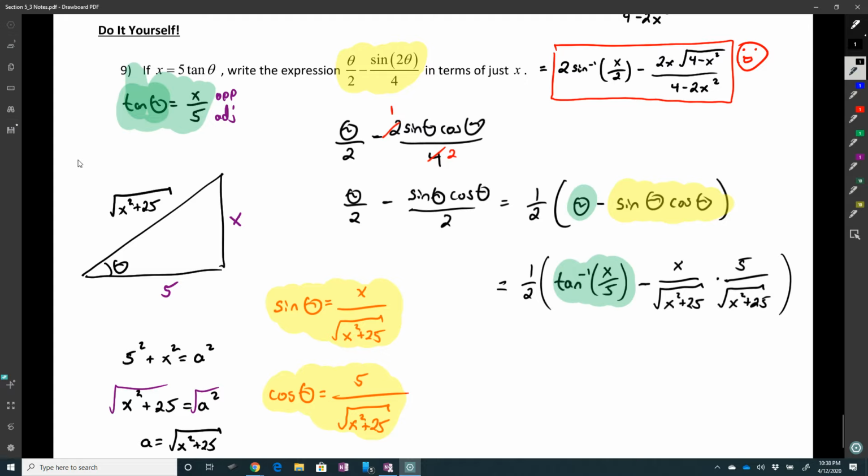There you go. And the two denominators, you can see it's just the same thing squared. And so my final answer is minus 5x over x squared plus 25. That's it. So there wasn't a lot of crazy simplifying like there was in the previous one. I just wanted to work it out both ways.